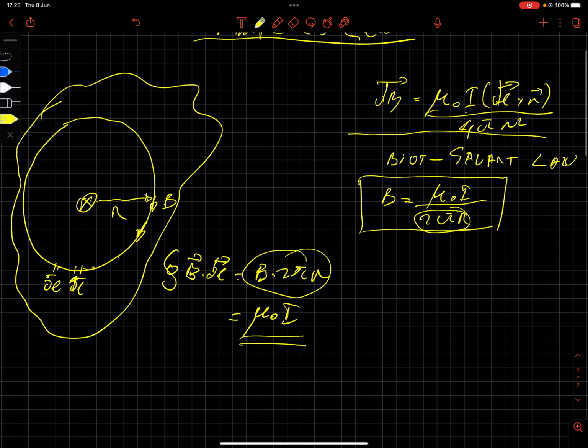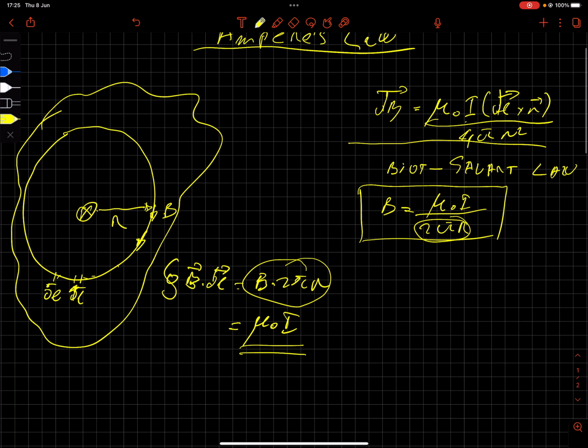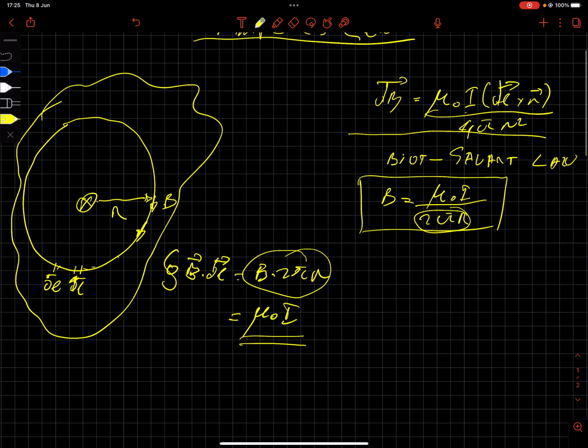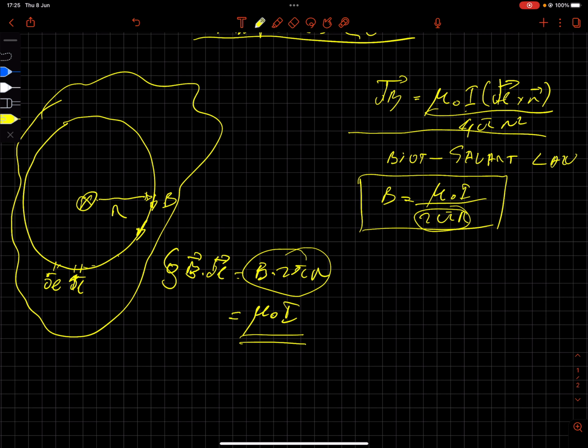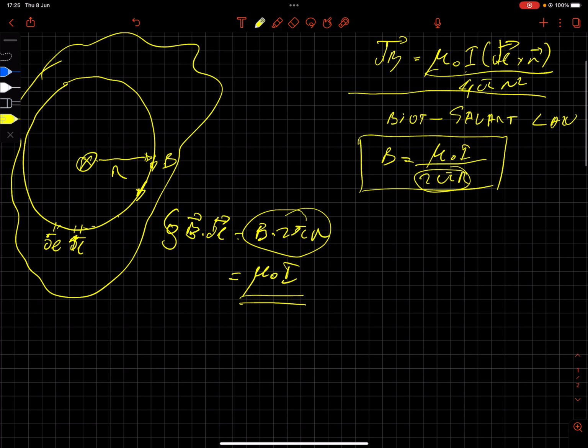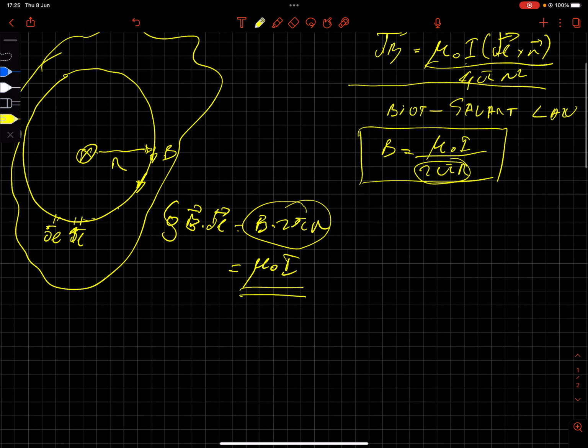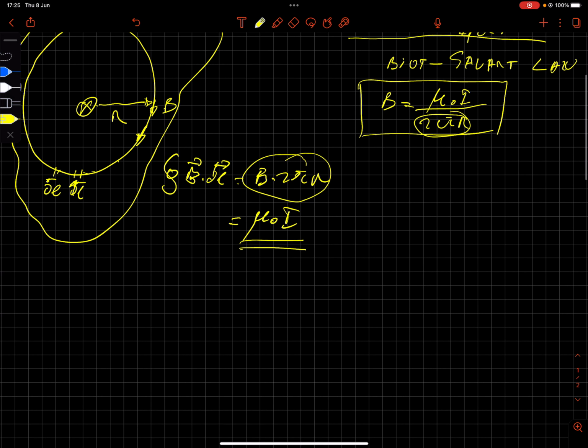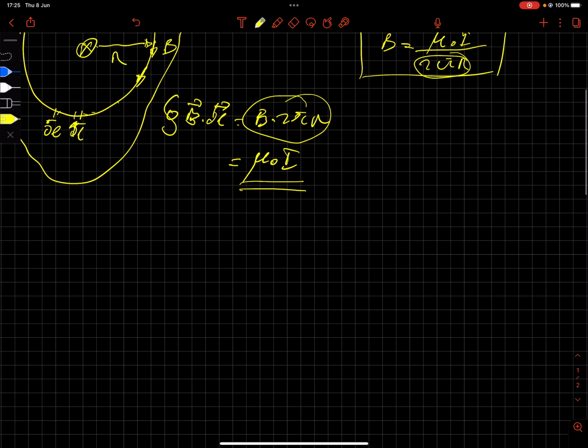And this can help us a lot to calculate magnetic fields. This is not an exact calculation, it's approximate, but it's quite handy. So let's have some example.